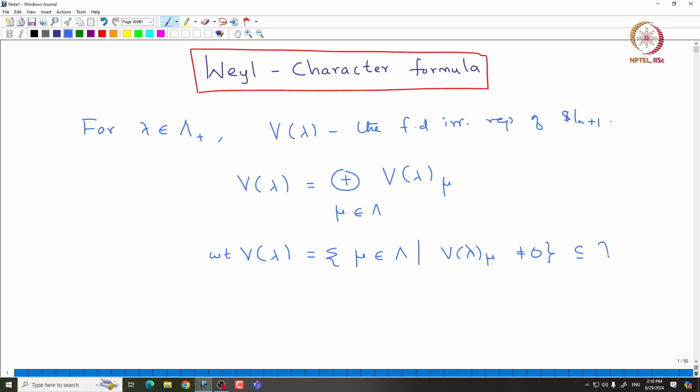So, this indeed lies inside this cone bounded by lambda minus Q plus. Notice that the cardinality of the weights of V lambda is finite because V of lambda is finite dimensional, and each of the mu-th weight spaces is finite dimensional.